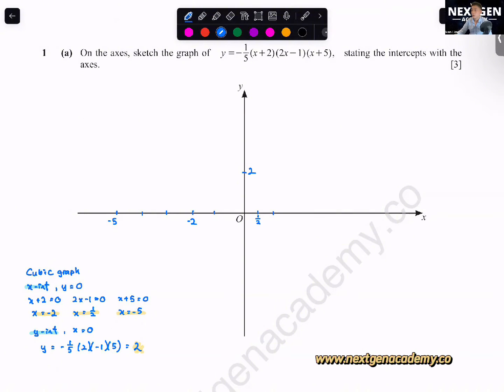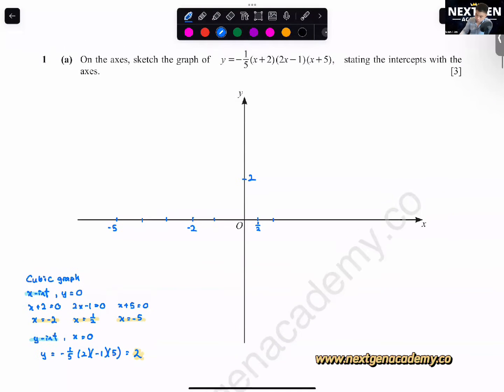Sorry, there is one more thing we need to determine: how does the shape of the graph look? By right, we need to use the SIM method. How to remember? You see here you have a negative in front. So when you expand it, negative 1 over 5 times x times 2x times x, your a value will be negative.